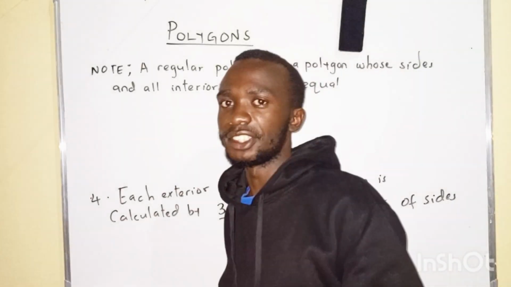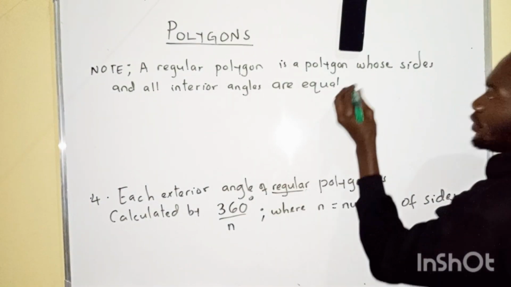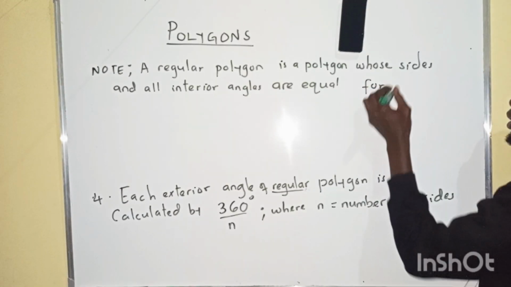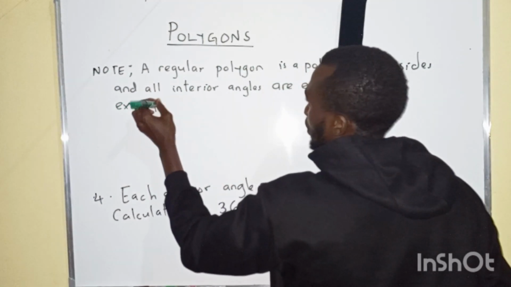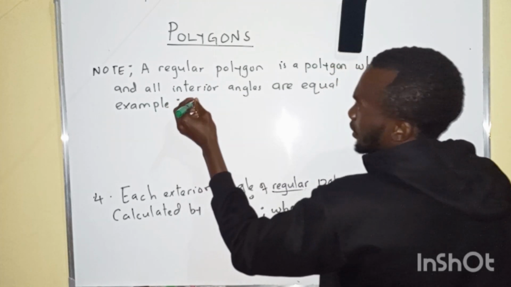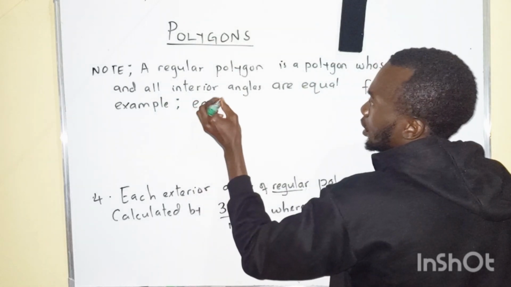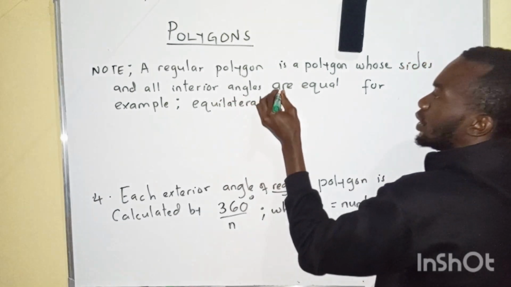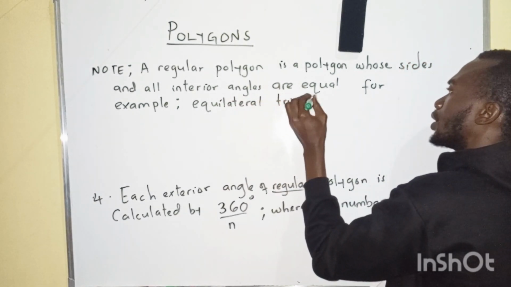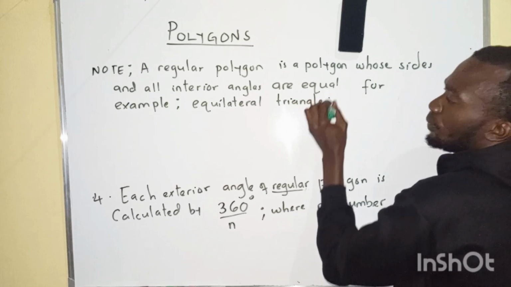So I will just give an example of a triangle. For example, we have an equilateral triangle.